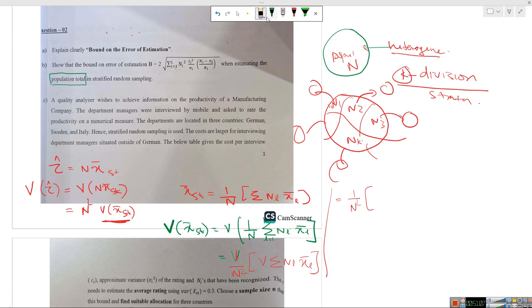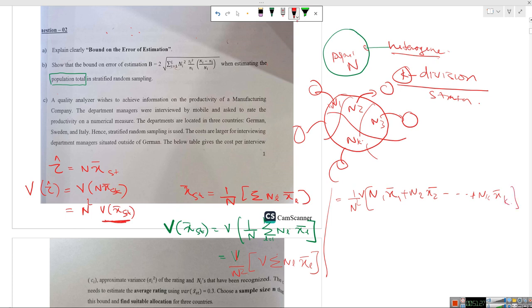So this can be written as n1 x1 bar plus n2 x2 bar up to plus nk xk bar, right?